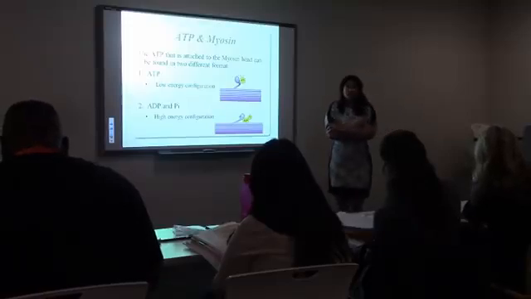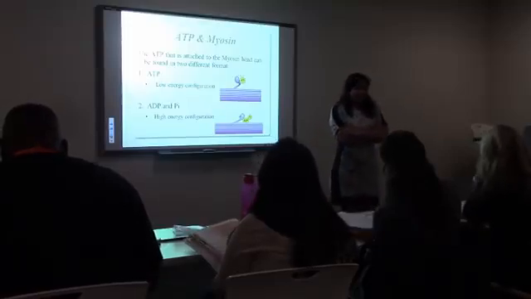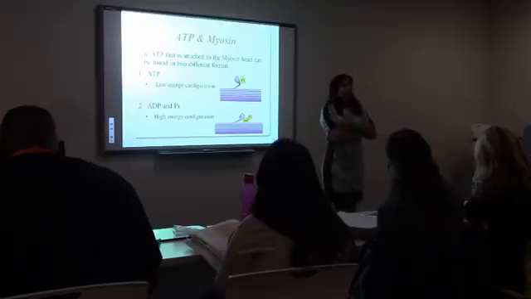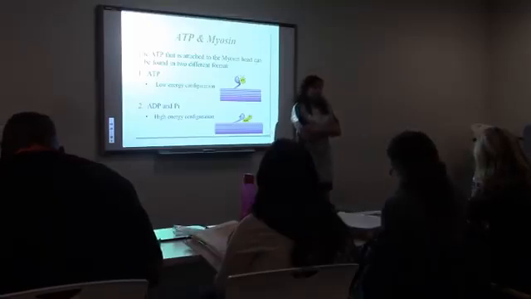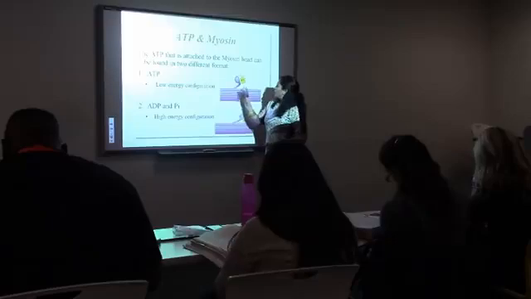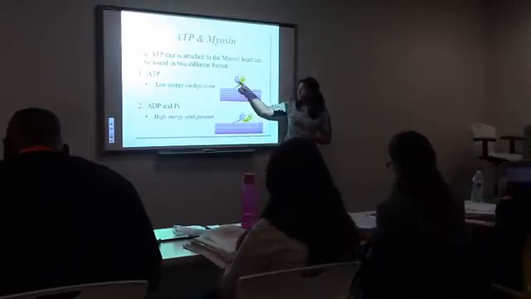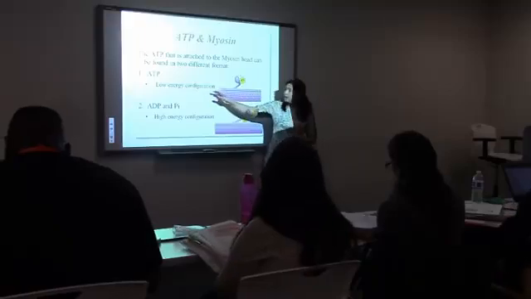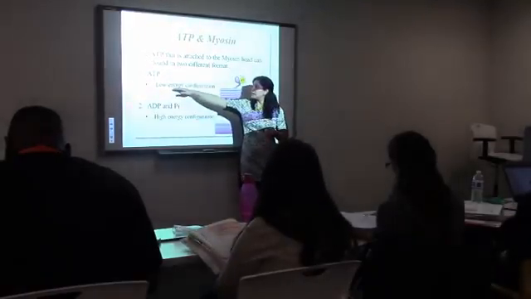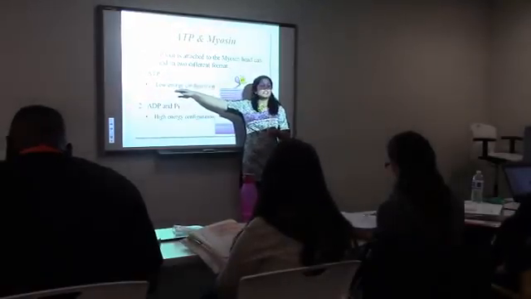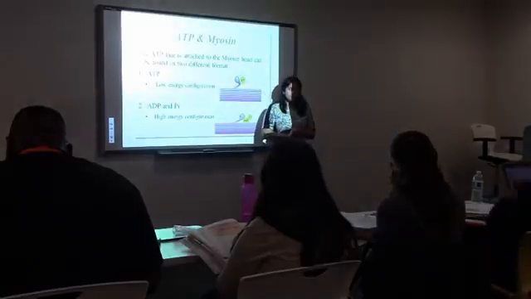Now, ATP and myosin. There's two ways ATP can bind to myosin. You could have ATP bound as ATP, okay, pure form ATP, which in that state we say that myosin is in low energy configuration.